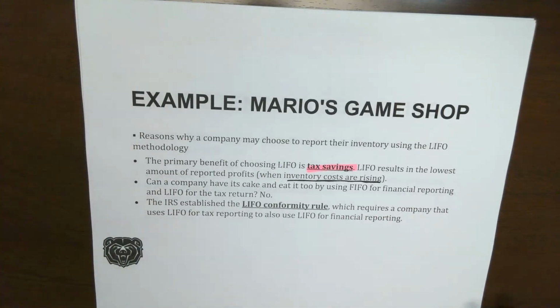What happens when things actually start decreasing in cost? Well, we'll talk about that later, but you can't just flip-flop between the two different methodologies. You have to pick one and stick with it. And if you do decide to make a change from FIFO to LIFO or LIFO to FIFO, you have to provide a good reason for it. The FASB is not going to just let you flip-flop. You have to pick one and stick with it.